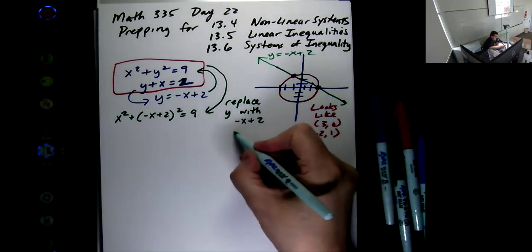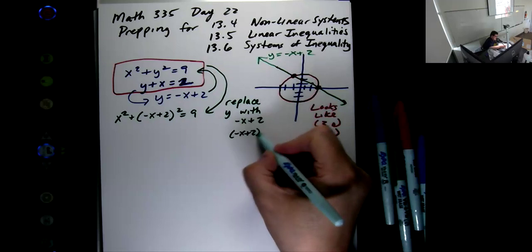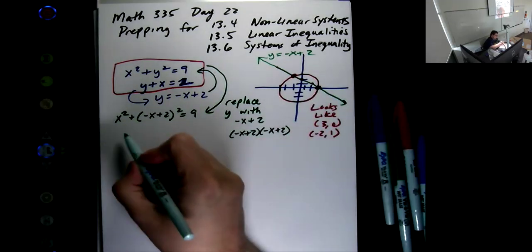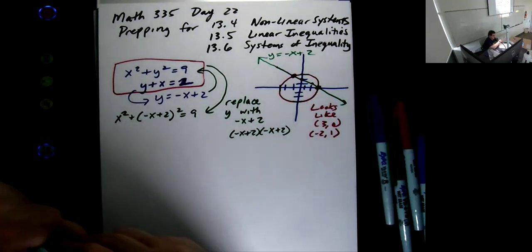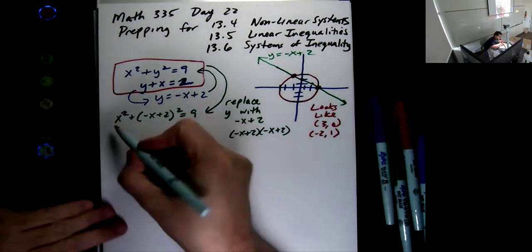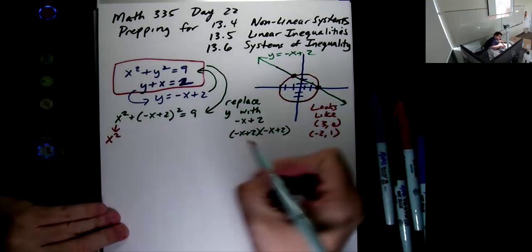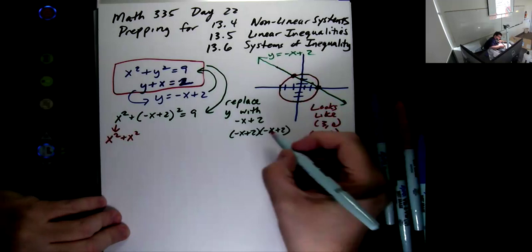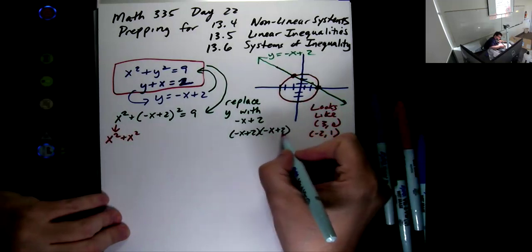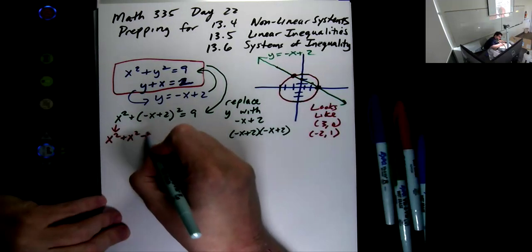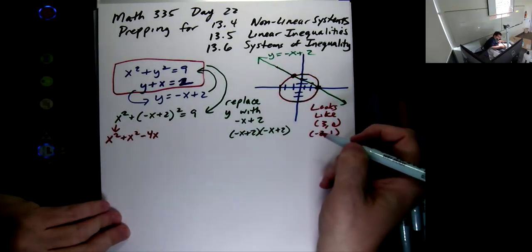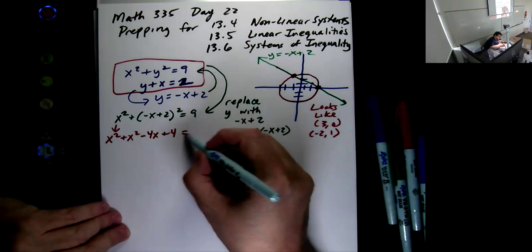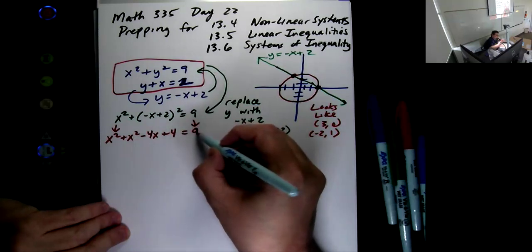Remember, when we square that, that is going to be (negative x plus 2) times (negative x plus 2). So that is going to give us x squared, the same, and when we multiply this out, we get plus x squared, minus 2x and minus another 2x is minus 4x, plus 4, equals 9.